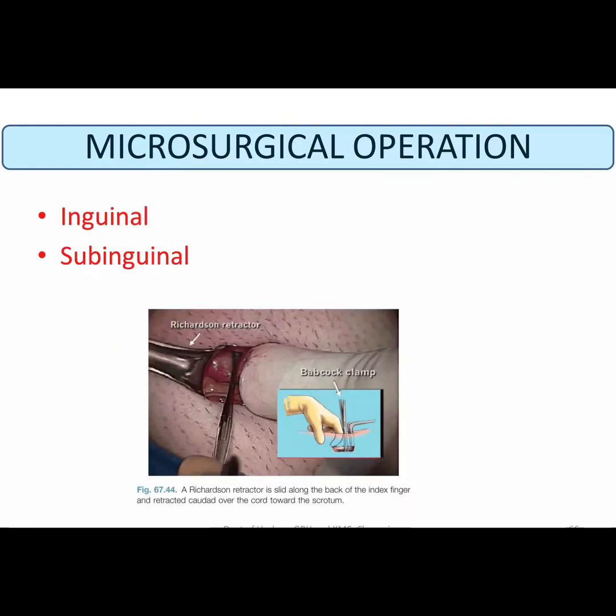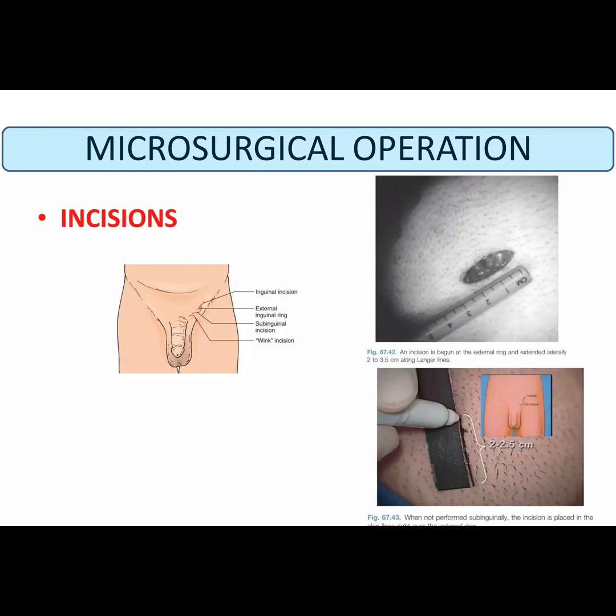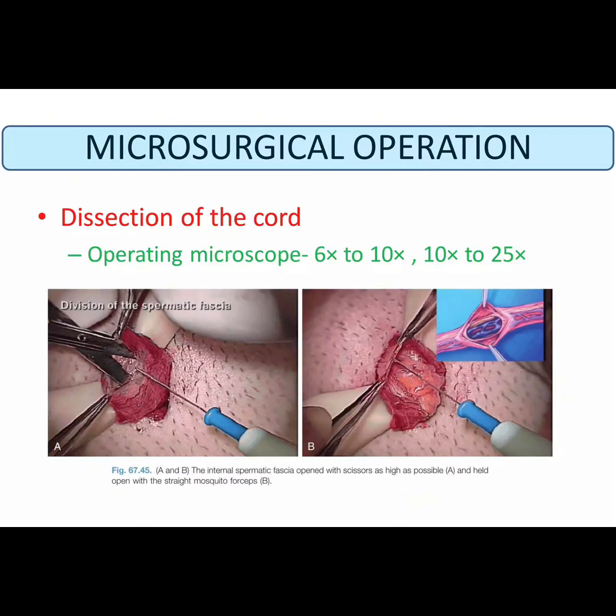The incision, around 2.5 to 3 centimeters, is made just above the external inguinal ring, and the spermatic cord is isolated with or without opening the external oblique fascia. After mobilization and dissection of the cord, you can ligate all the visible veins, and then deliver the testis through this incision.